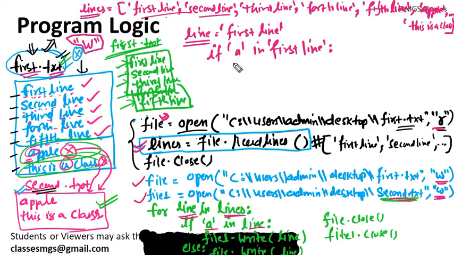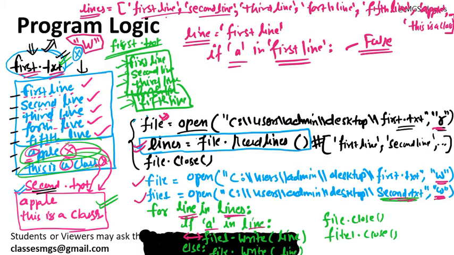This will return false if the line doesn't contain a. The first line does not contain a, so that returns false. So the if portion will not be executed, the else will be executed, and this line will be written.